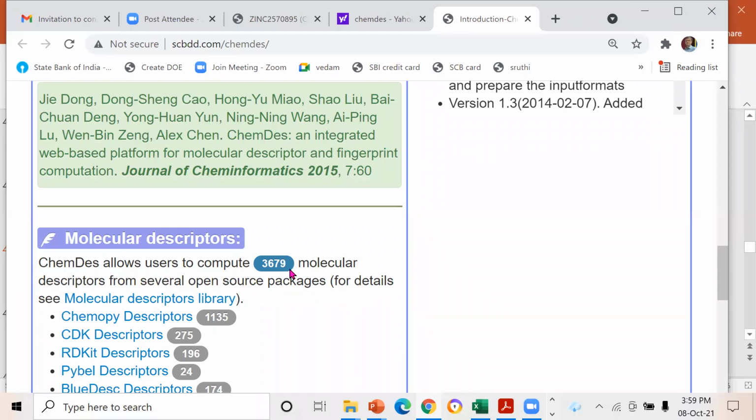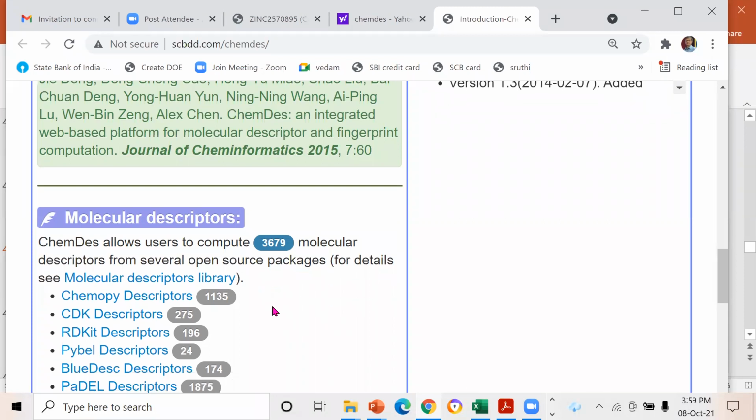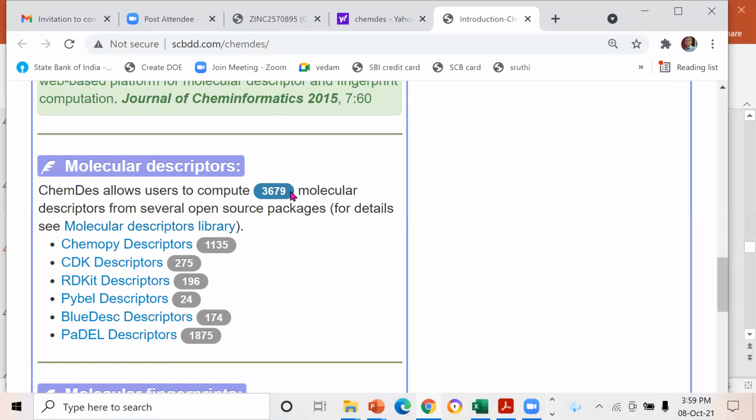3,679 descriptors, this software can calculate. If you want to know more details about what each descriptor means: some descriptors are easy to comprehend, like volume, surface area, log P, hydrogen bond donors, acceptors. But there are many descriptors which come from graph theory and topology-based theories, which you will not be able to comprehend easily.